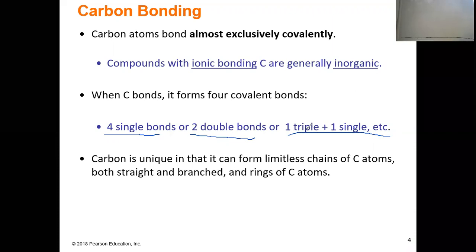As long as the total number of bonds is equal to the 4 covalent bonds, carbon's pretty happy. And carbon can form extremely long chains of carbon atoms. They can be straight chains, they can be branched chains, and they can be rings. It's almost limitless in the shape and type of compounds it can form.